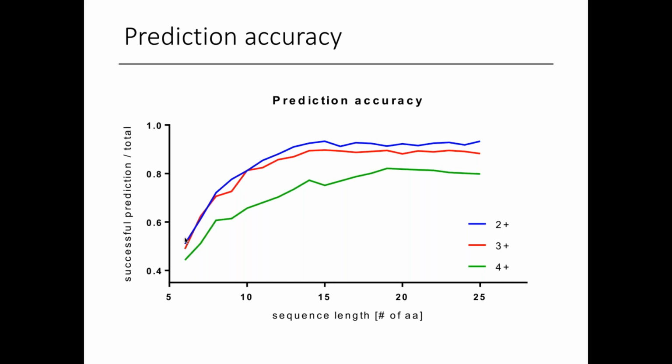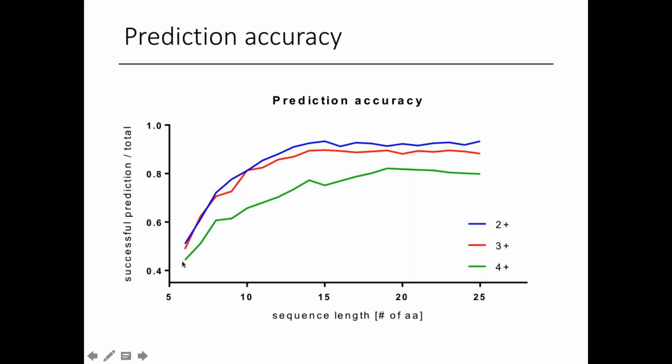As you can see here, because we use a sliding window of 5, 6, or 7 amino acids, in order to get 80% successful prediction, we need at least 10 amino acids, and we get the best result after 12 or 13 amino acids. After a length of 12 or 13 amino acids, we can do 90% successful prediction on longer peptides.